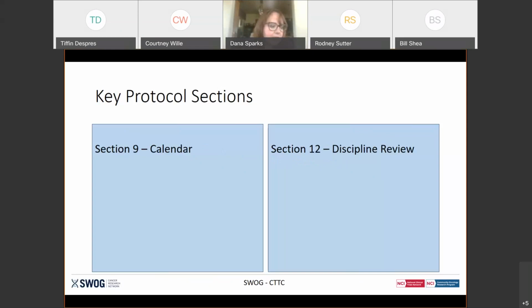Section 9 will always be the study calendar. So you can work with the study calendar to identify the particular needs for your patient, when to schedule laboratory tests and scans for tumor assessment. Section 12 is an important section if it exists in a protocol. In most of our protocols, it doesn't.